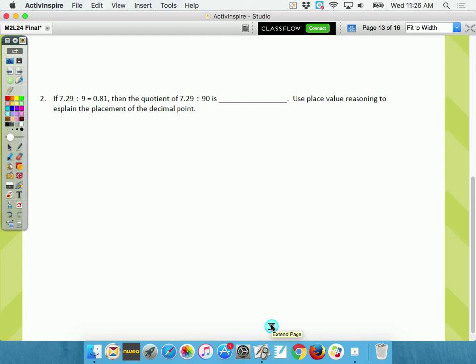Okay, so here's the first problem. 7 and 29 hundredths divided by 9 equals 81 hundredths. Okay, write that down. That's like the left side. Okay, now the right side is asking us to do this problem.